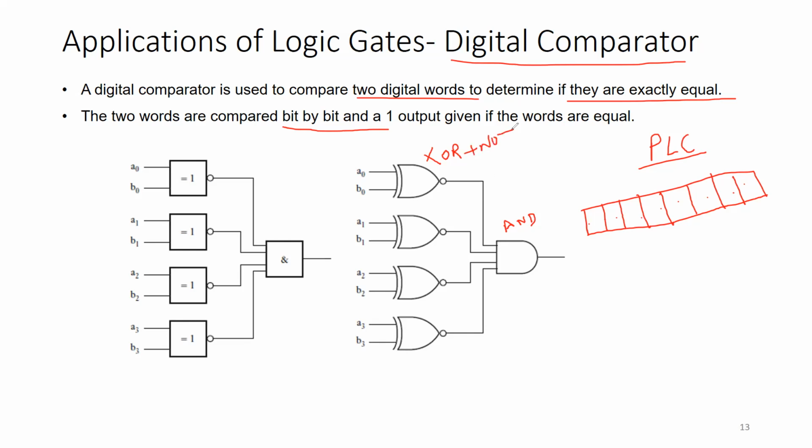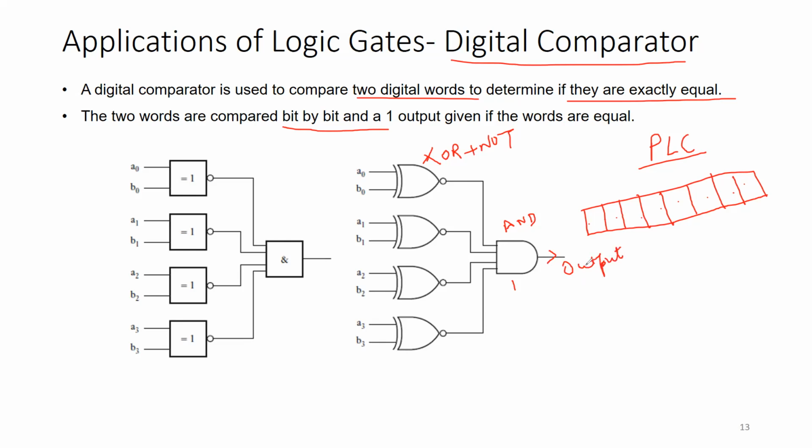Okay. So here when the values are compared, one of the signals is sent to the AND gate, and only if all the signals are 1 would some output be generated.